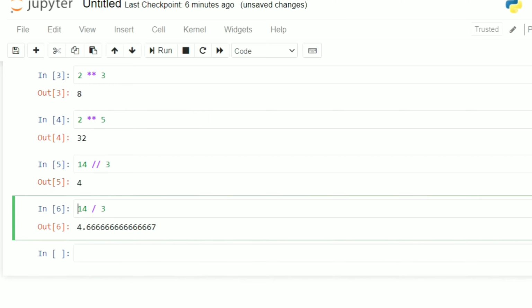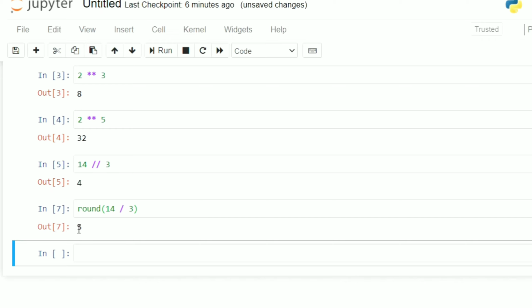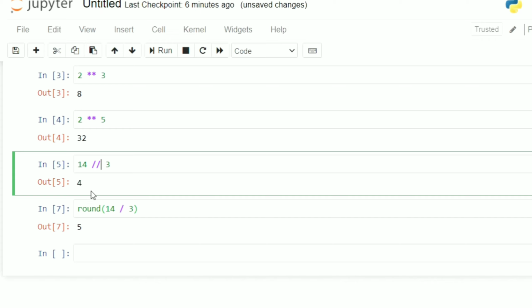Suppose I round it off, the answer should be 5, because 14 divided by 3 comes out to be 4.66, and that becomes 5 if I round it. But if I use the floor division operation, I get the lowest value. Okay, so these are the arithmetic operators.